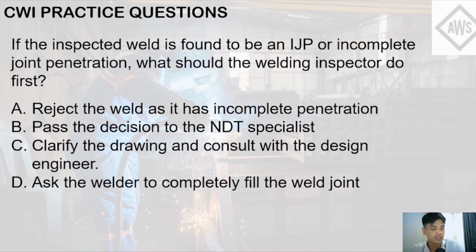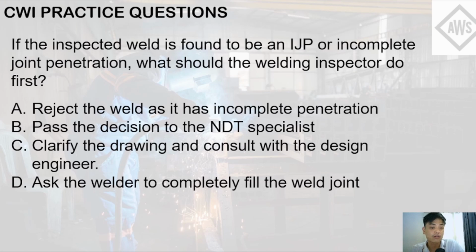It's just incomplete joint penetration. You can see the discontinuity or the defect just by looking at it. So the NDT specialist might not be the one that needs to be consulted immediately.